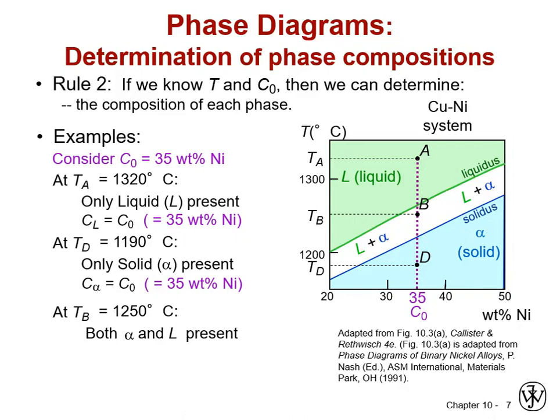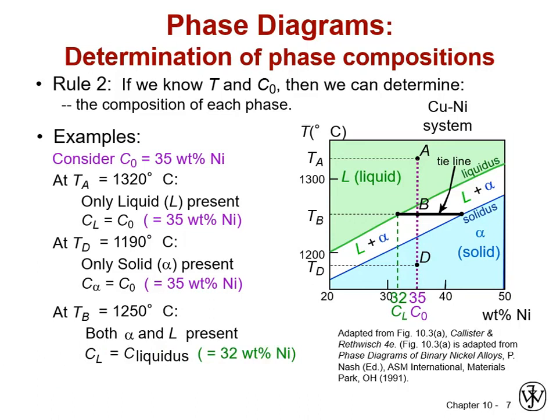So if we want to see what the composition of the alpha and the composition of the liquid that are present, we use what we call a tie line. So we draw a horizontal line across that two-phase portion of the phase diagram, and we look at the portion that is touching each of the phase regions.